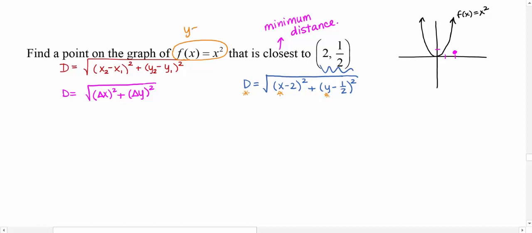So this is the curve y equals x squared. That is my relationship between x and y. So in place of the y, I will put x squared. Everything else is going to stay the same, except in place of y is x squared.